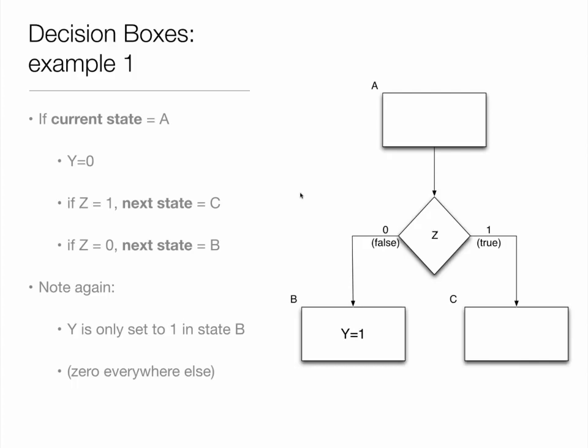And if it's a 0, the next state will be B. Then when we get to that next state, the output Y will go high. So if you're in state A and Z equals 0, don't think that Y goes to a 1. It doesn't, not for another clock cycle, because you can't change state for a whole clock cycle.